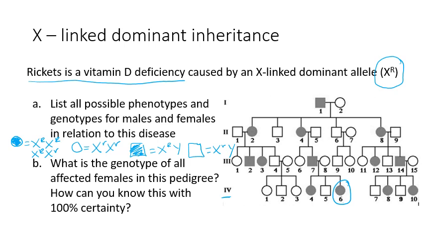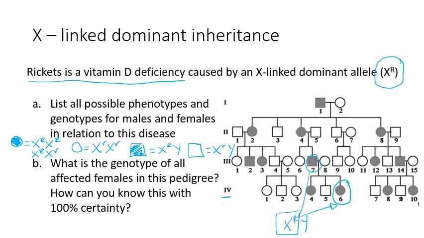So this female is affected, and I identified before that an affected female could be X capital R, X capital R, or they could be X capital R, X lowercase r. If I look at this female's parents, her father is affected, but her mother is not. So this father would have had X capital R, Y, and he would have passed his X capital R onto his daughter.